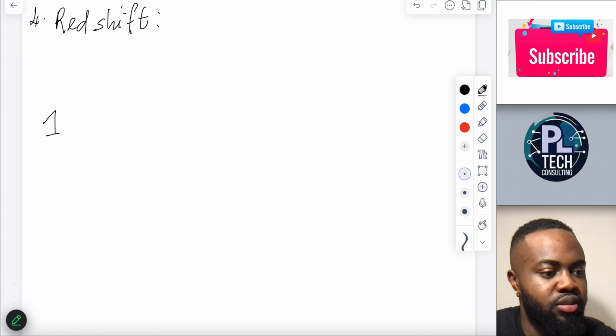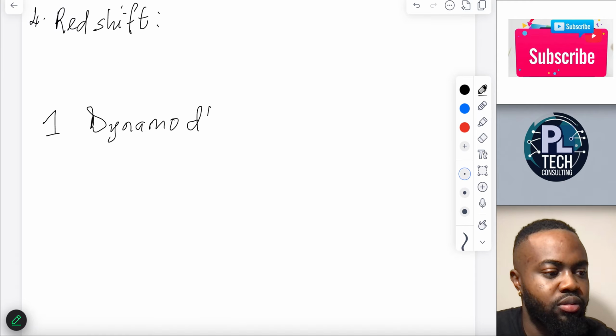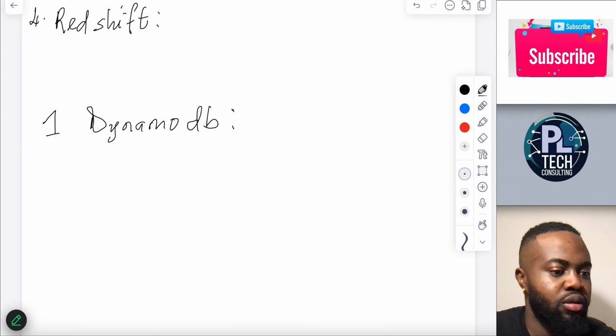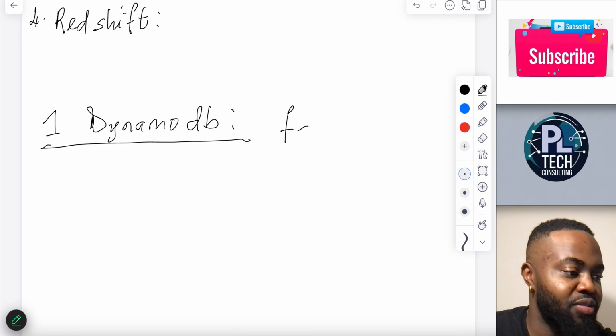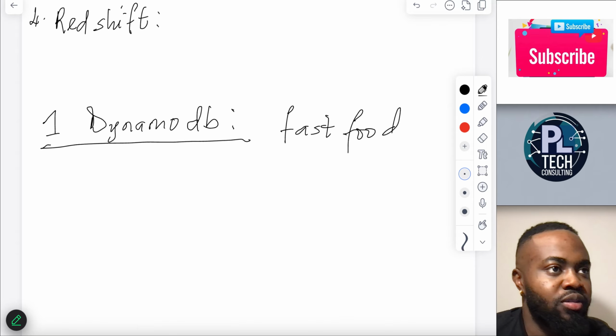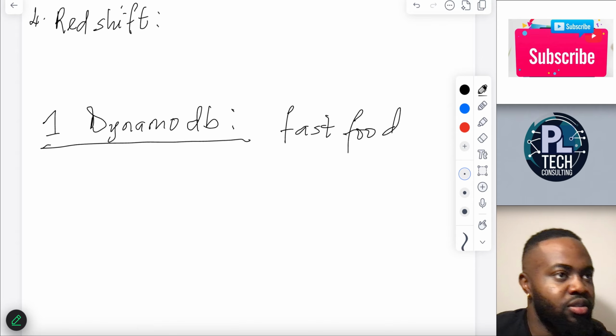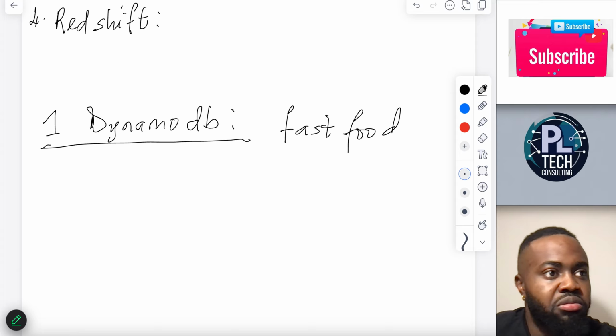Number one on the list is DynamoDB. In terms of restaurants, I would say DynamoDB is fast food. When you think of fast food, what do you think about? Orders are processed in a short period of time, a simple menu, it can handle massive crowds, and no reservation is needed.